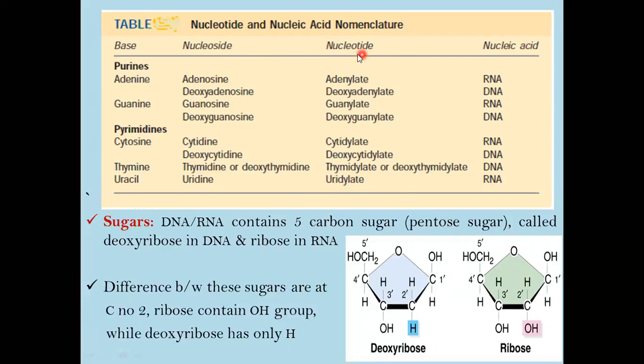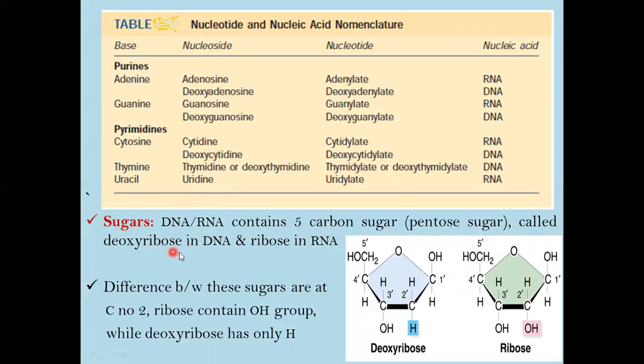Nucleotide, we already discussed, consists of nitrogenous base, sugar, and phosphate, while nucleoside lacks a phosphate group and contains nitrogenous base and sugar. Next part of nucleotide is sugars. DNA and RNA contain a 5-carbon sugar, which is known as pentose sugar.